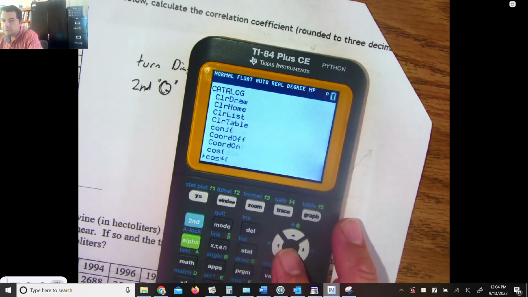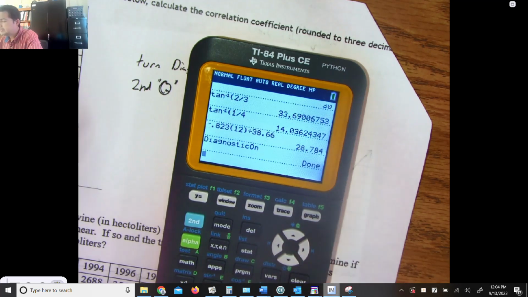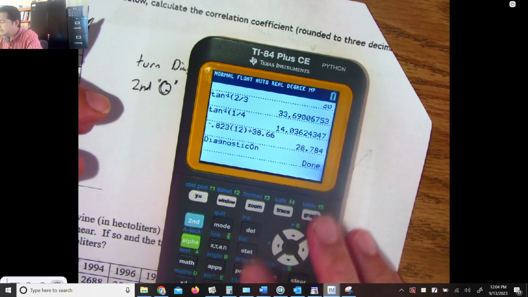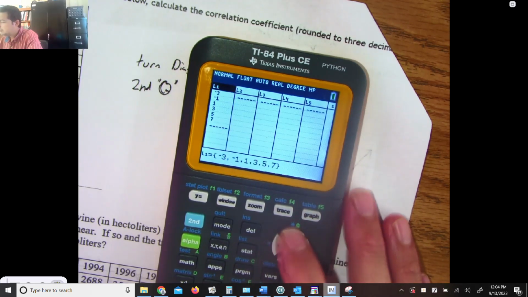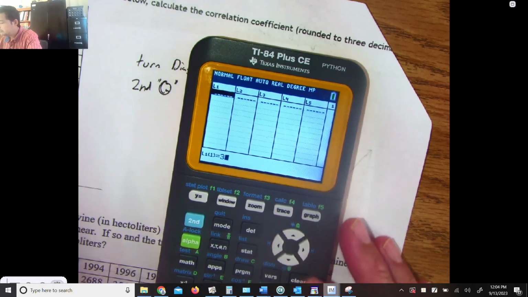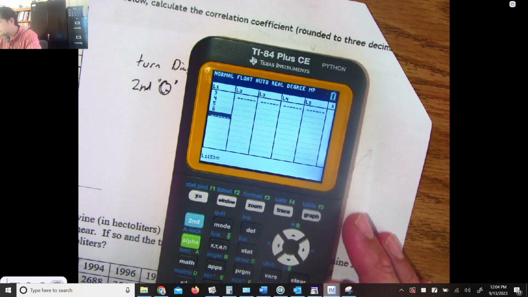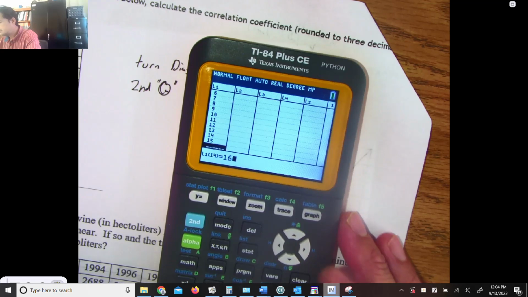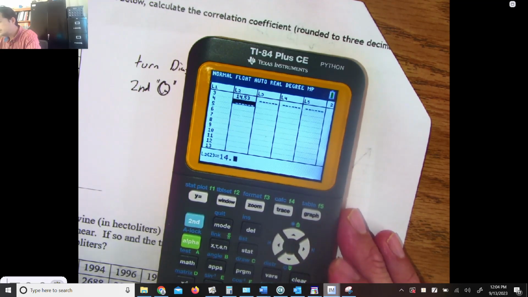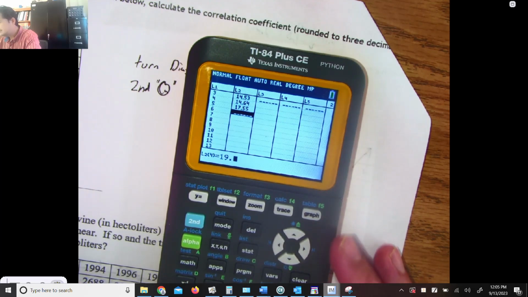That's what you do. There she is. And you press enter. And then you're going to put your X's in list 1, you're going to put your Y's in list 2. You guys are not doing anything else at this moment in time besides linear regression.